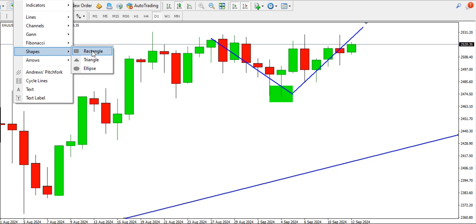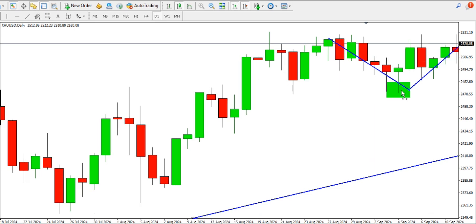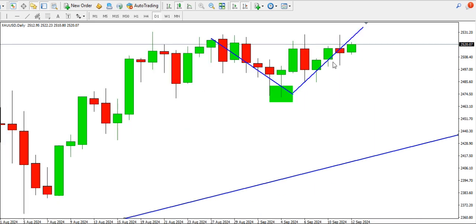Buyers came in around here, and also around here. So buyers are always stepping in when sellers have done their bit. Sellers were able to push price down to this point, and buyers came in.